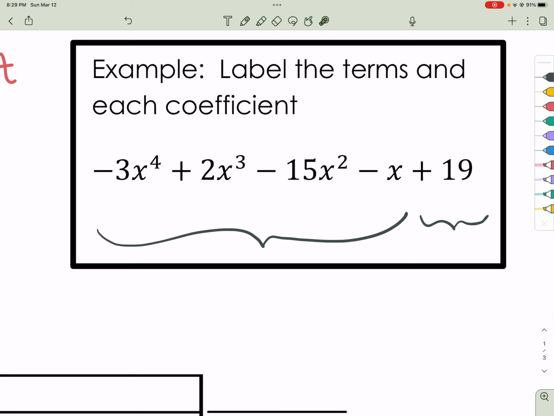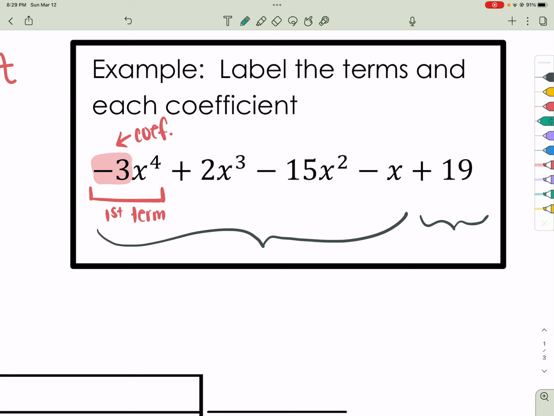So let's go through and label the terms and each coefficient. Negative 3x to the fourth is my first term because it is separated by an addition or subtraction sign. The coefficient for that term is negative 3 because it is the number in front.